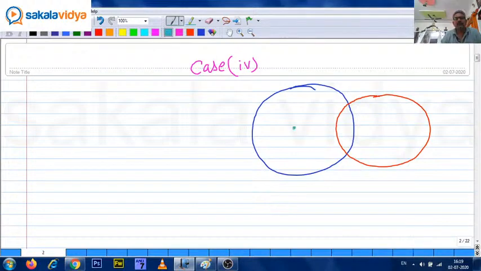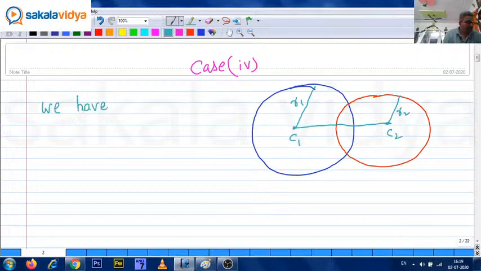C1 is the center of the first circle, C2 the center of the second. Suppose R1 is its radius, R2 is the other radius.